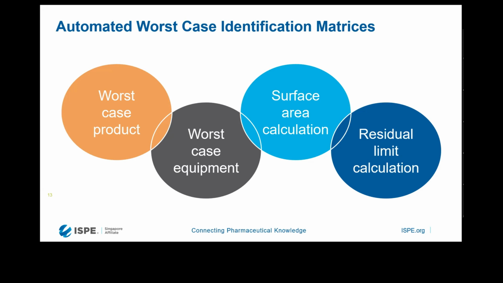MACO calculation, as I said, where is the smartness of digitization? Whenever you calculate your MACO, residual limit, it doesn't matter whatever criteria you follow, right? 10 ppm, LD50 based, ADE based, or toxicological threshold value, specific, non-specific method, it doesn't matter.